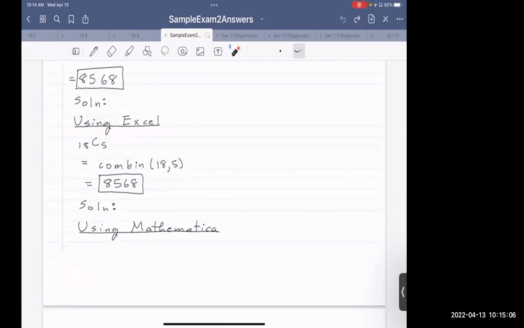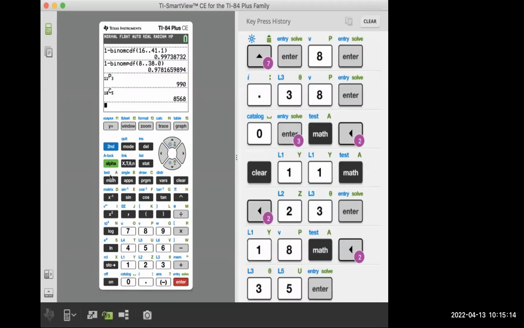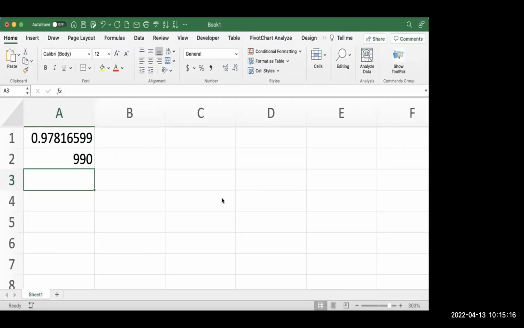Let me use Excel using the combin formula. And so 18C5 will just be combin 18, comma 5. So let me do that on my computer. And so I have here combin 18, comma 5.